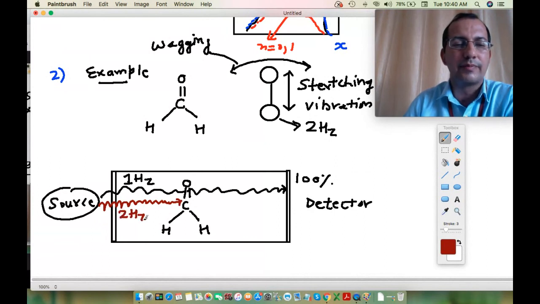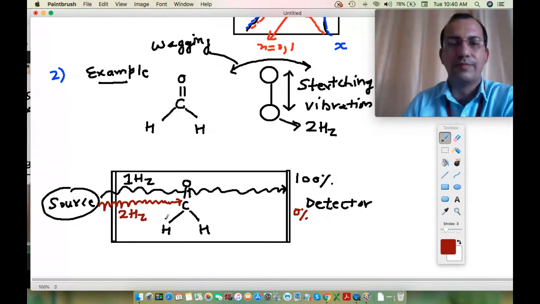The molecule will see that 2 hertz is coming, and it can absorb that energy. So you ask the detector, I have sent 100% of the light from the source, how much light is received by you? The detector will say 0%. I have not received any light, because all of the light is absorbed by the molecule itself. I hope this is clear.